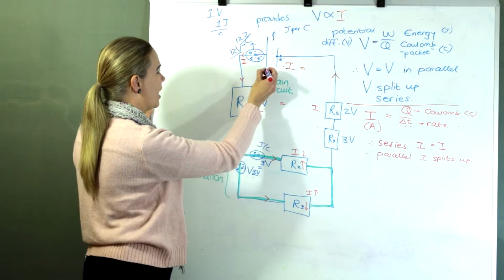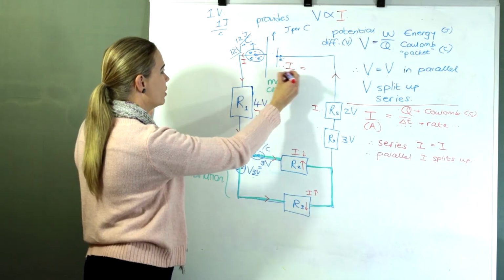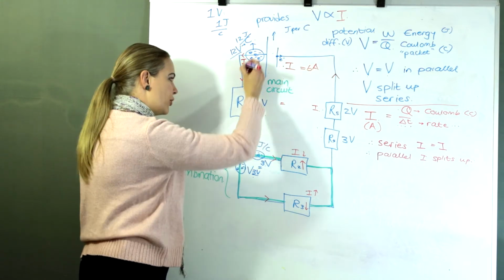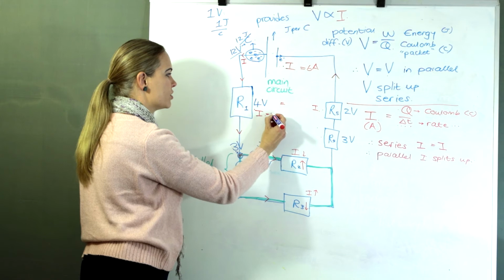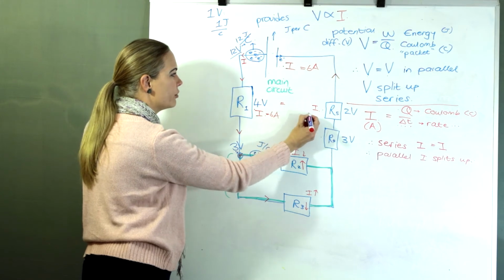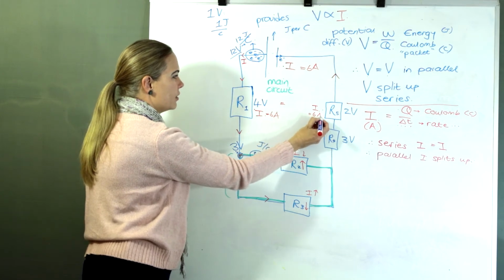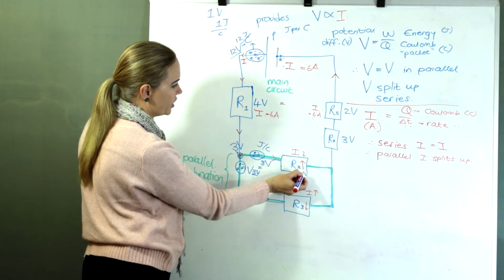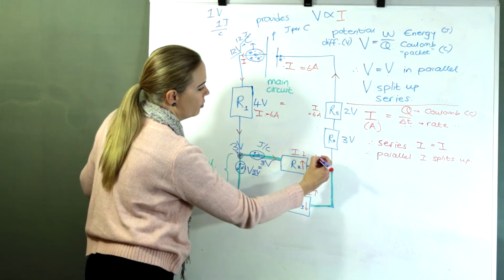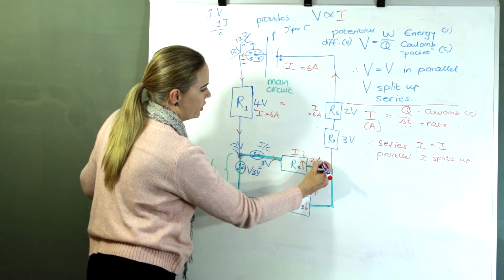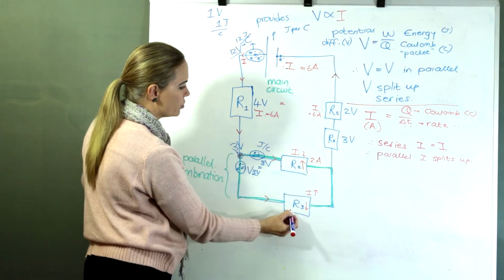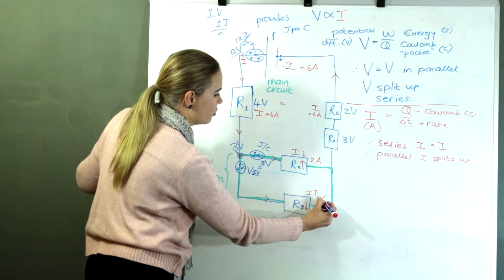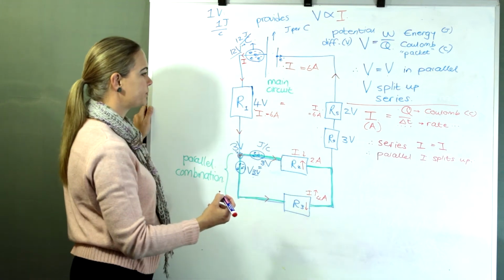So let's say we have a current through the battery of 6 amperes. It means that the current through the series circuit will also be 6 amperes everywhere in the series circuit, and it splits up into the parallel branches. So if this resistance is high, we can, for example, say the current through that top branch is 2 amperes, which means that the current in the lower branch will, for example, be 4 amperes.